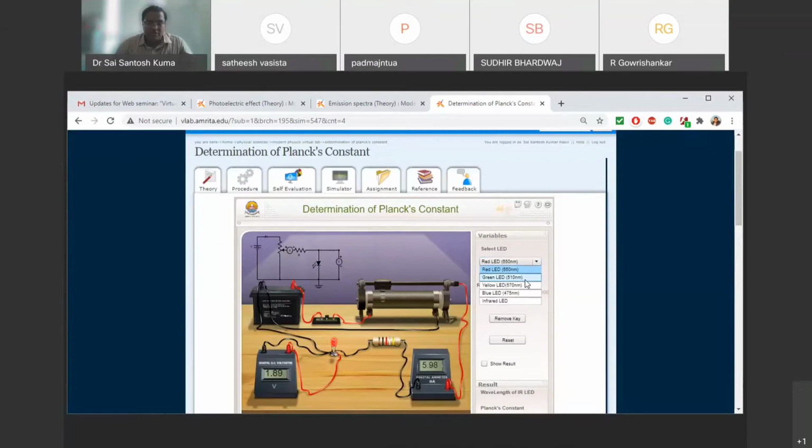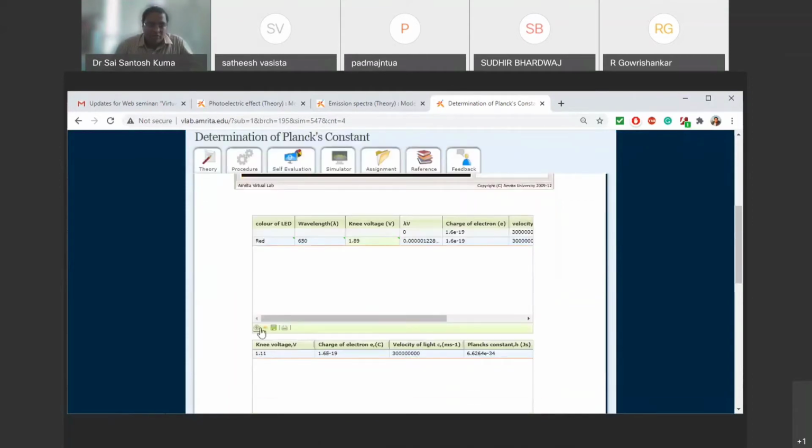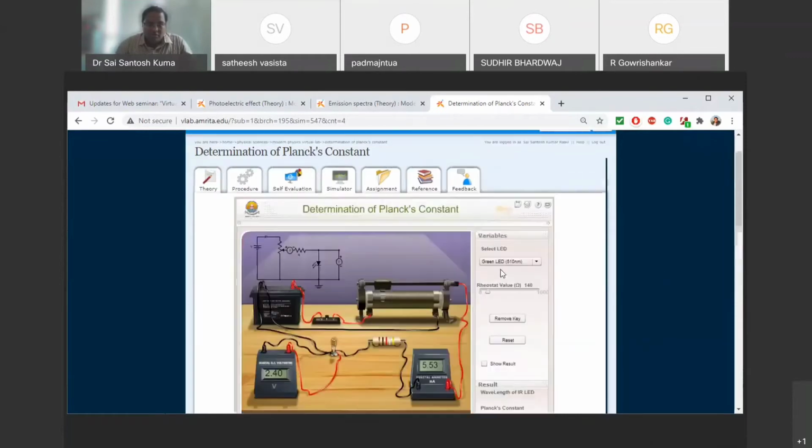Let's choose a green color, which is 510 green. Let me add another row: green, 510. Now I need to check what value of the rheostat I need to use.